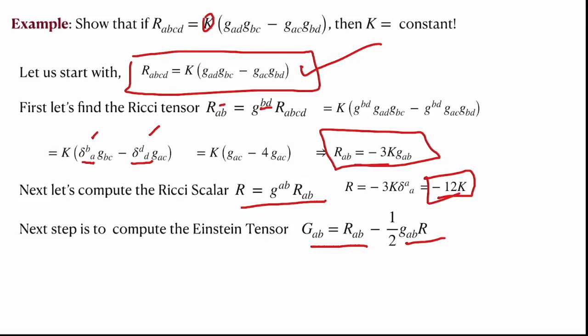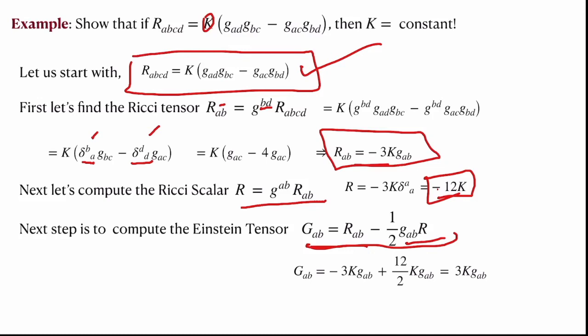To find the Einstein tensor, we need both the Ricci tensor and the Ricci scalar. Once we find that, we can calculate the Einstein tensor, and that turns out to be simply minus 3 times k into g_AB plus, because minus and minus together become plus, 12 by 2 into k into g_AB, that is plus 3k g_AB.